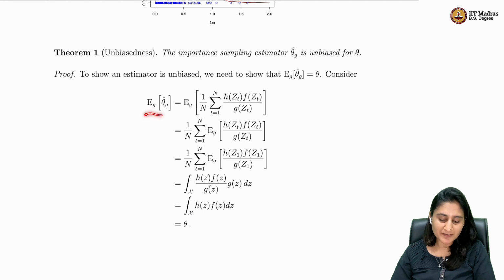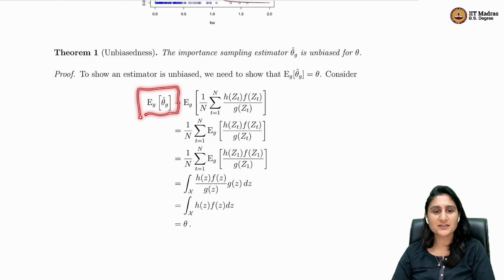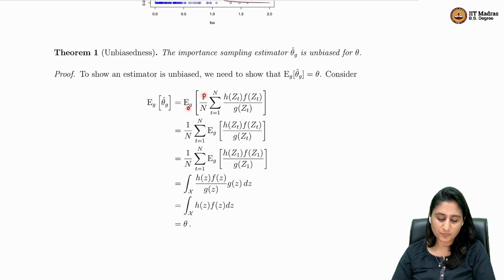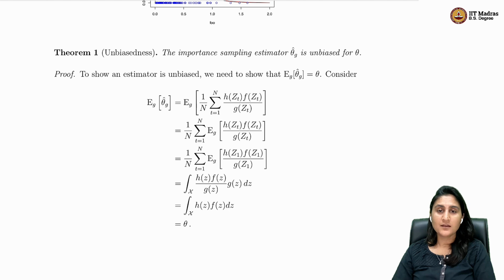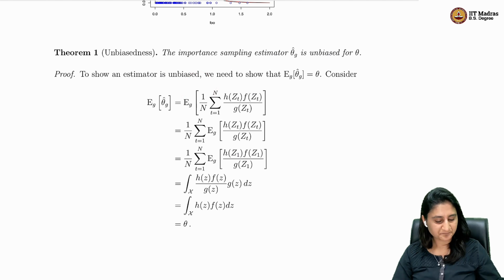So consider the expectation of theta hat G. In order to calculate this expectation, I can first just plug in what theta hat G is. So this is the expectation of 1 over n, summation t going from 1 to n, of h of z times f of z divided by g of z. Now, the 1 over n can come outside the expectation, not an issue. And expectations are linear in the sense that I can exchange summations and expectations.